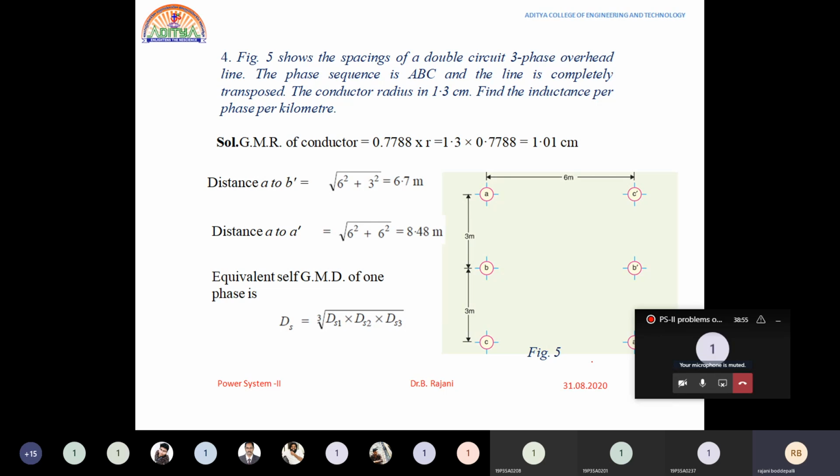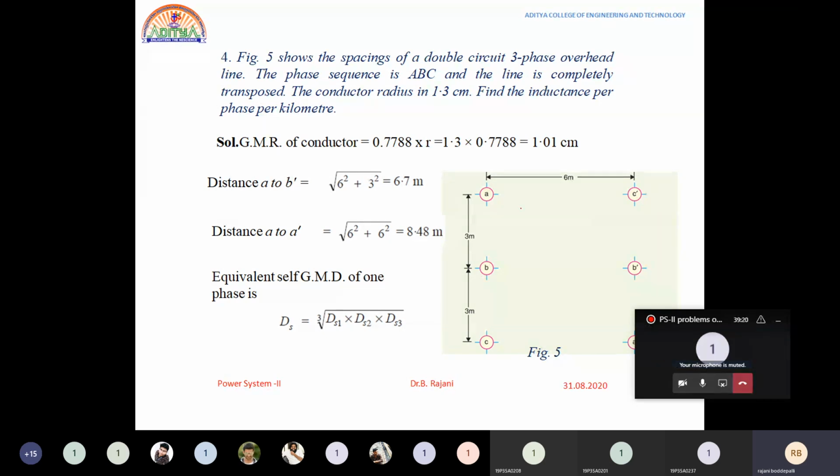Here in the data, it is a three-phase double circuit line arrangement. A to C dash is 6 meters, A to B is 3 meters, and B to C is 3 meters.